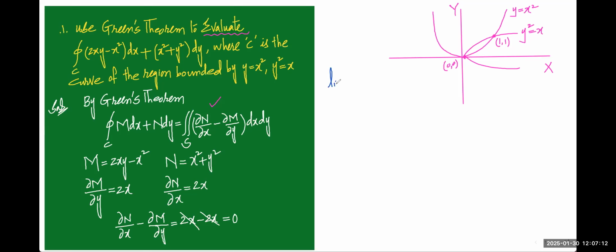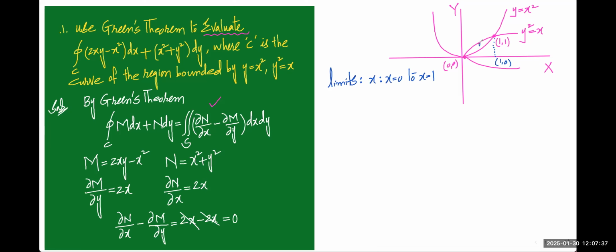Limits. If you talk about the limits of x, this point is 1, 0, so x varies from 0 to 1. If you want, you can mention that we are taking this on the x-axis.